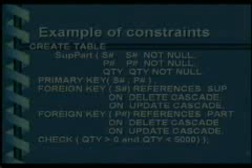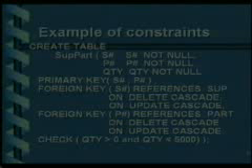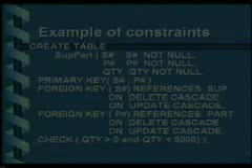Please note this hash sign actually is not acceptable in any SQL, but for the sake of simplicity we have included it. S number, supplier number not null, that's a constraint. Similarly, part number not null, that's a constraint. Quantity not null, that's a constraint.